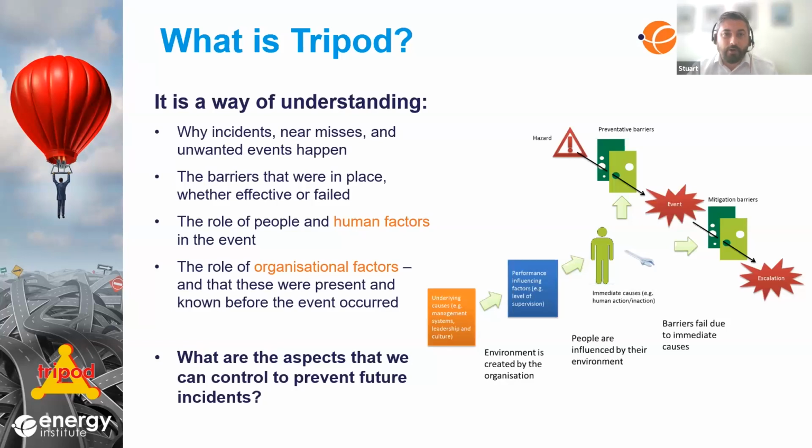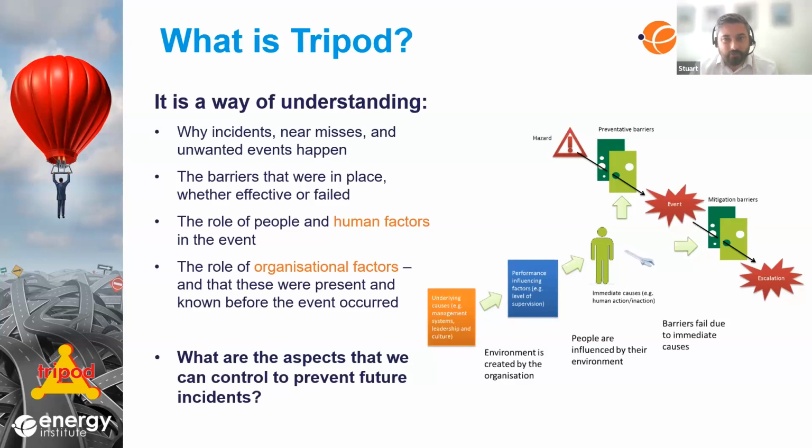So what were the systemic issues to do with policies, leadership, and all other sorts of issues that essentially set incidents in motion, that create these performance influencing factors and other conditions that essentially set people up for failure or success.